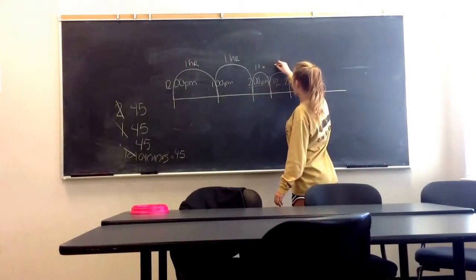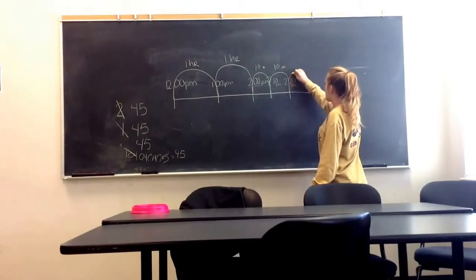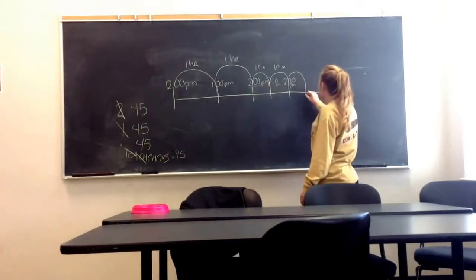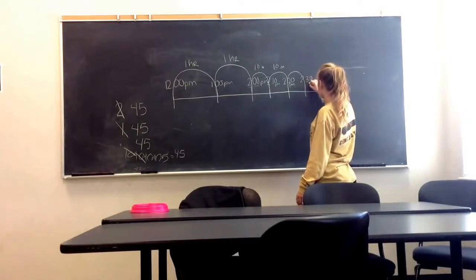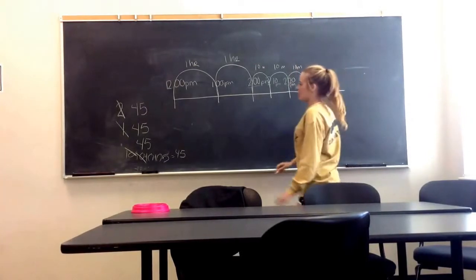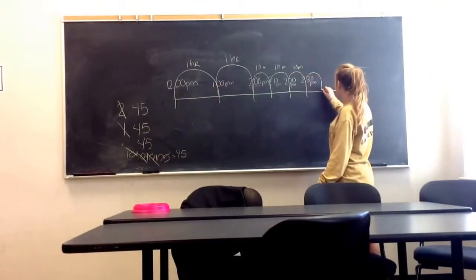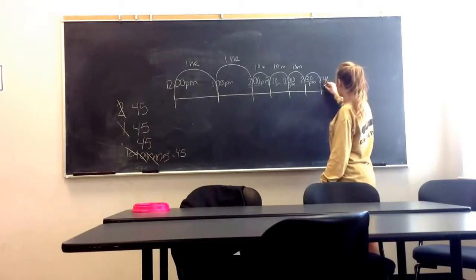And label up here too. And then we're going to do another 10-minute jump. We have 2 more. And we add 10 to 20, and that's going to be 30. And then we have another 10-minute jump. And 10 plus 30 is going to be 40, so 2:40.